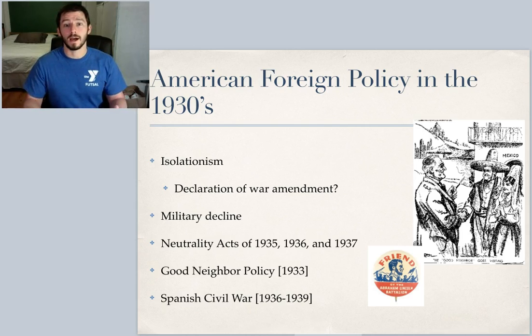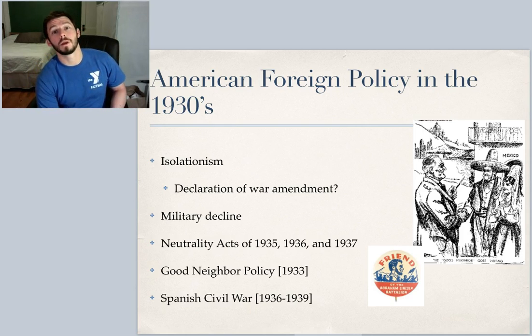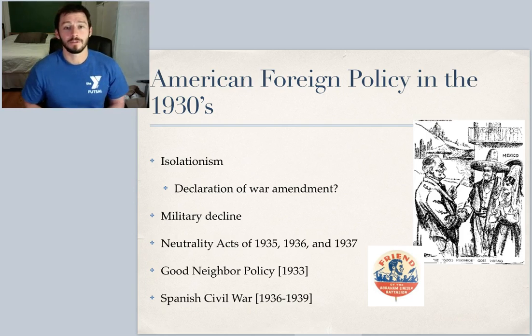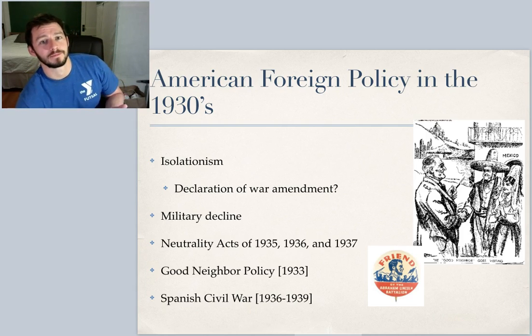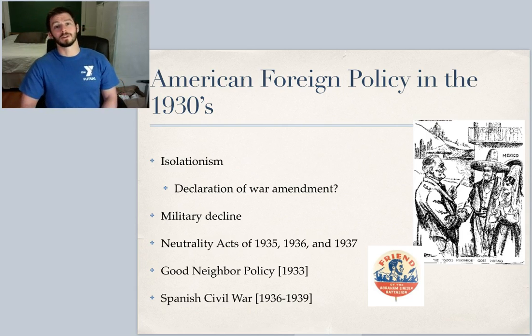We won't pick sides. If you remember, that's part of the reason we got pulled into World War I: we claimed we were neutral, but we were very much supporting the British and our other allies against the other powers. So people don't want to have that happen to them again. So with the Neutrality Act of 35, once the president claims there's a conflict, we are not going to support either side.